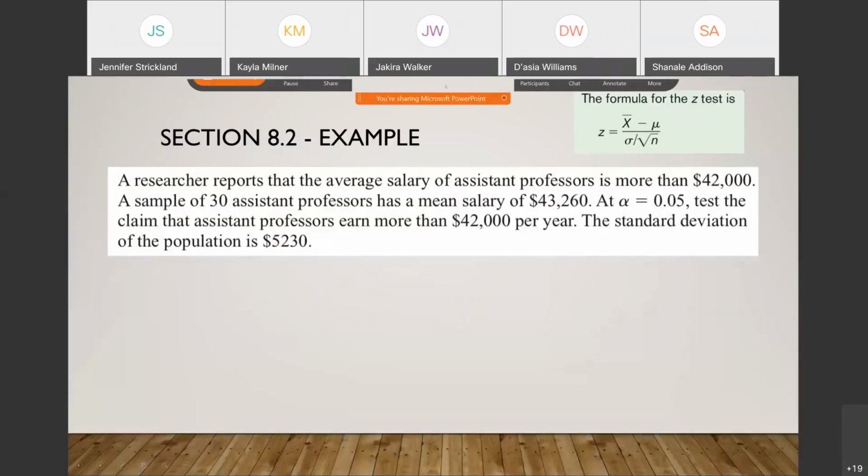All right, should be back, but we lost the ink. You guys can see the screen now?